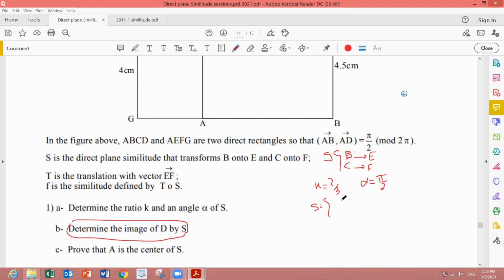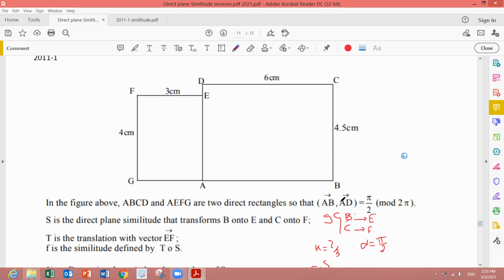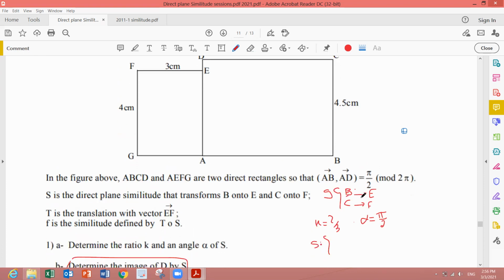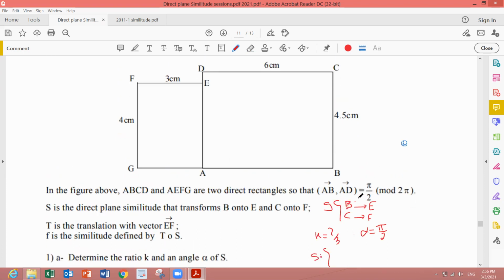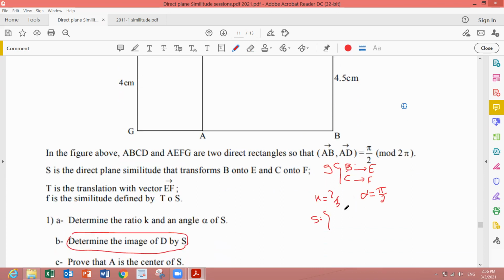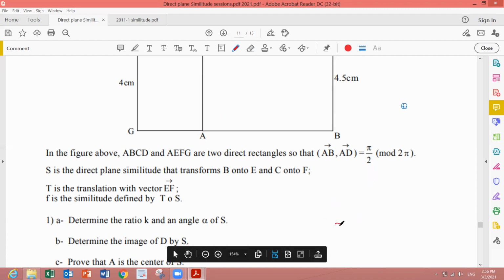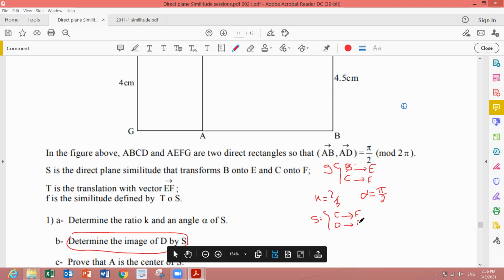So I use C onto F. Which one did we take, B onto E or C onto F? We took C onto F. We said B onto E becomes hard. C onto F, and what we called yesterday D prime. Yes, we call it D prime.